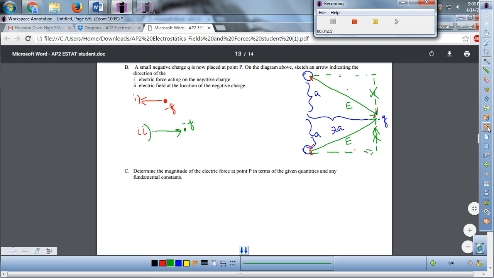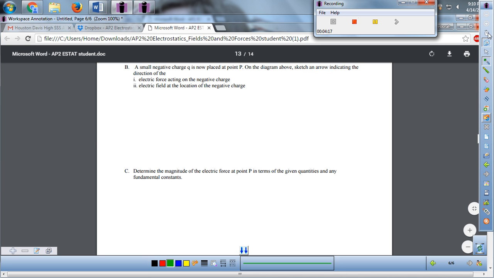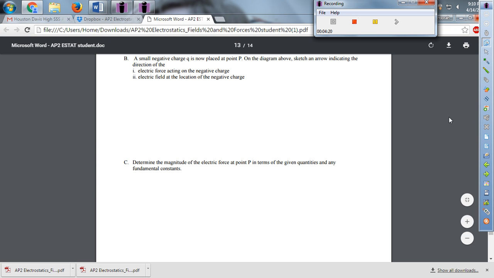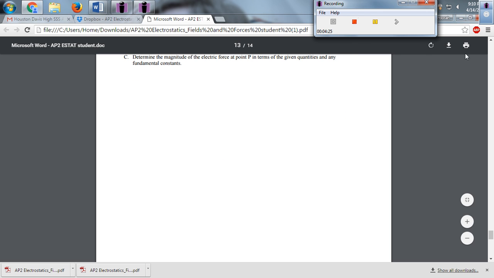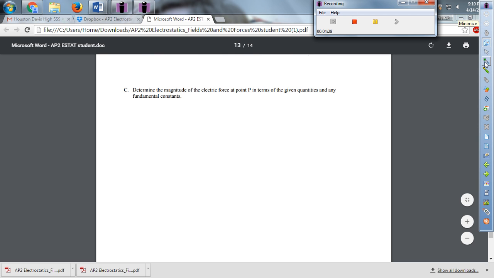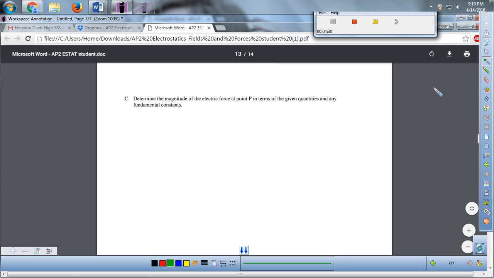Okay, part C is they want some math. So let's figure out what we can do with part C. Well, if I can scroll it up, it says, determine the magnitude of the electric force at point P in terms of the given quantities and any fundamental constants.